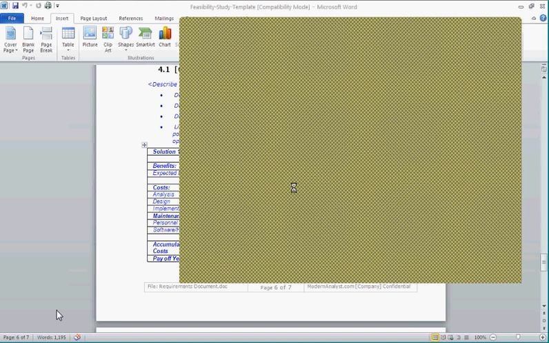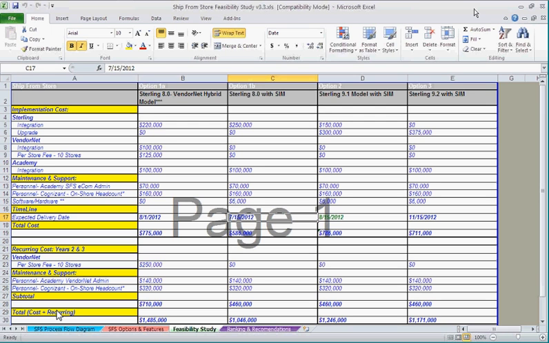Let me show you something. Look, this is something that I put together. The level of detail that you have in your document is up to you. Are you all clear?